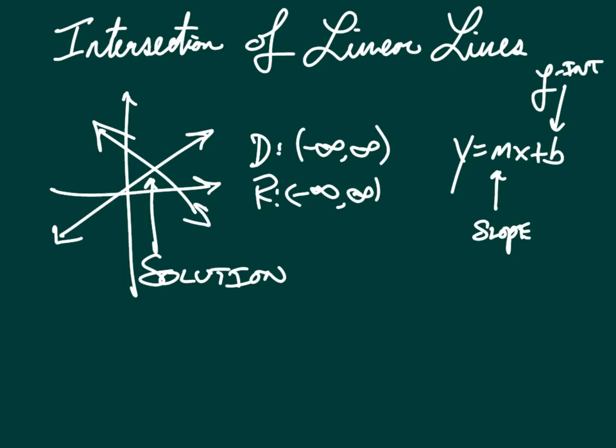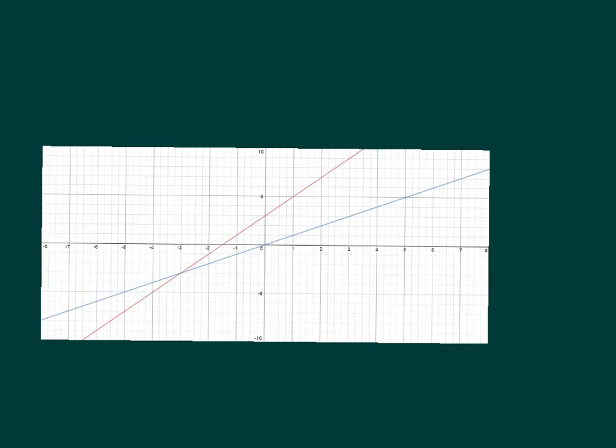So I want to show you the different things that could exist inside of a linear scenario with more than one line. Looking at this grid, I see that we have two lines graphed, a red one and a blue one, and that solution point is the really important piece, and that's when y1 or function 1 and function 2 are equivalent.